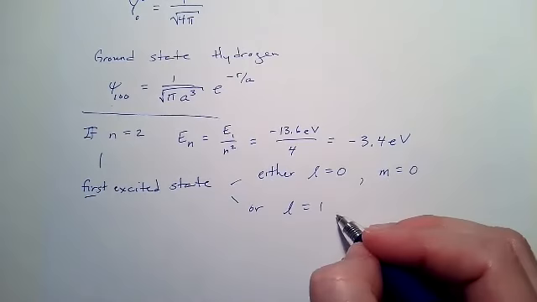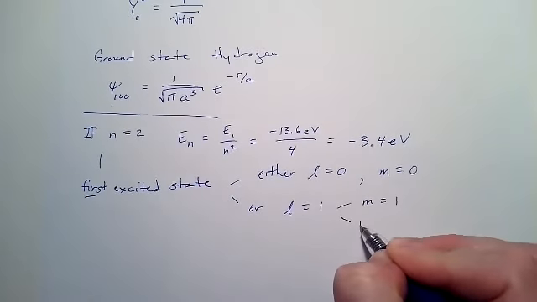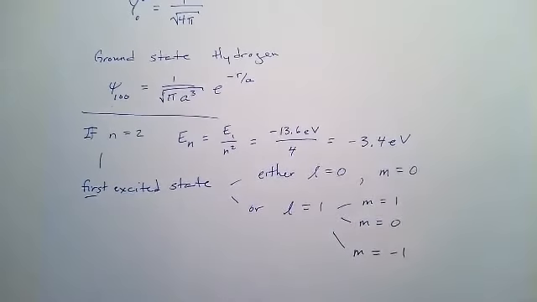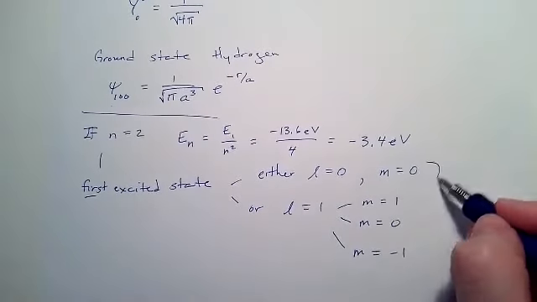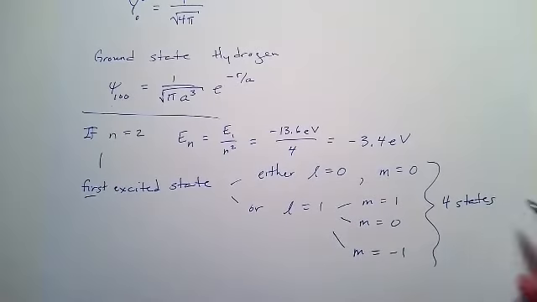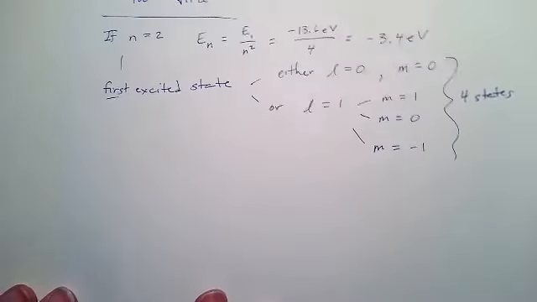And if that's the case, m could equal 1, m could equal 0, or m could equal negative 1. So we actually have 4 states folded into this first excited state, right?